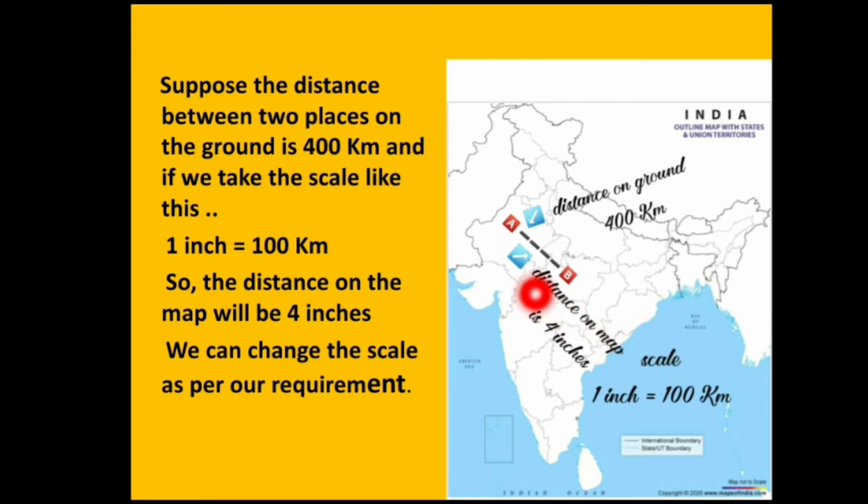So in this way we can show the distance of 4 inches between the places A and B on the map, because 1 inch is equal to 100 kilometers, so 4 inches is equal to 400 kilometers. In this way we can use scale to show various places on the map which are actually very far off on the ground, but on the map we can show them very nearby. So this is the use of the scale.